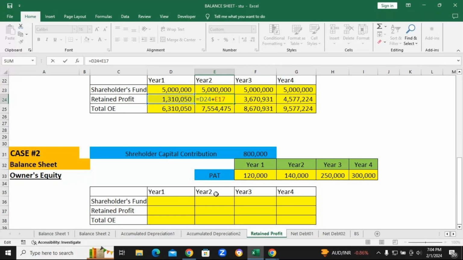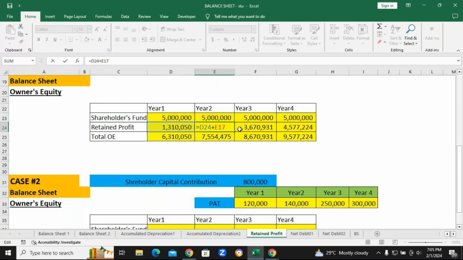You need to do the calculation the same way as we did here. Once you finish, I'll do the calculation and show it, but I wanted you people to try it out first. Solve the first one and then go for case 2.